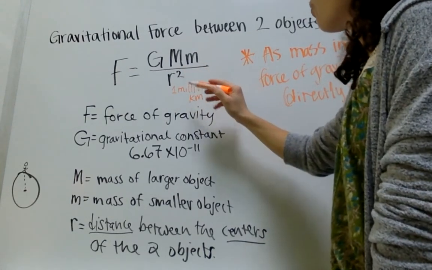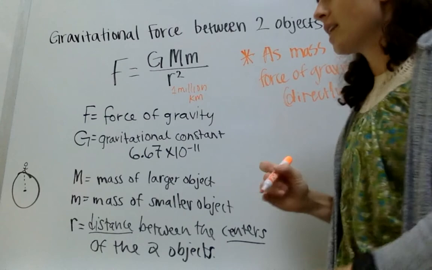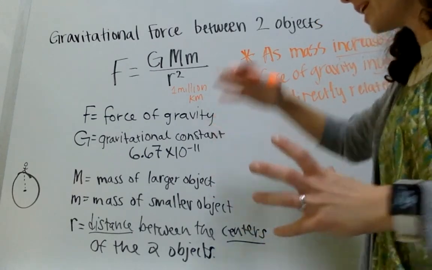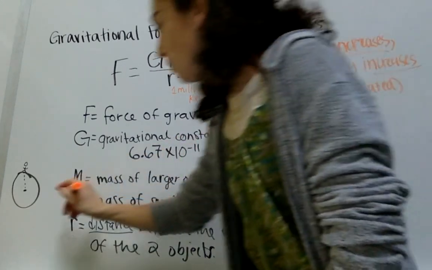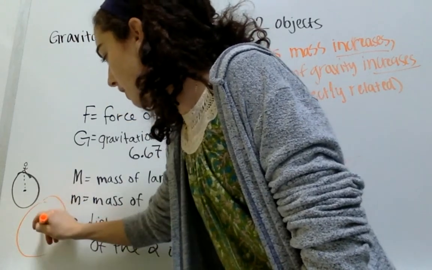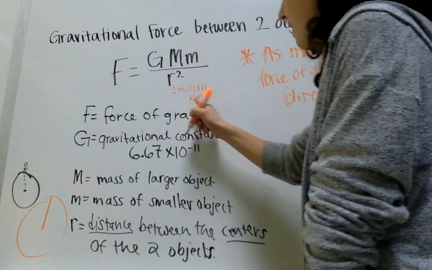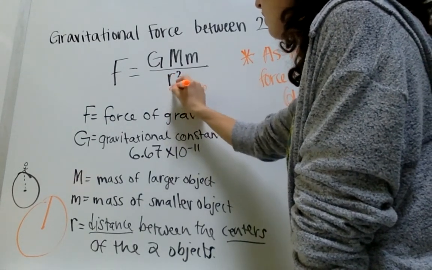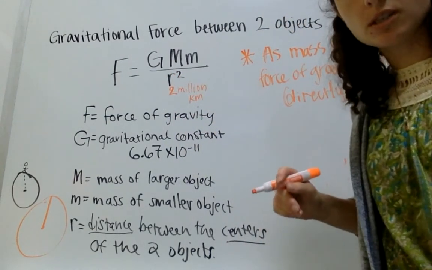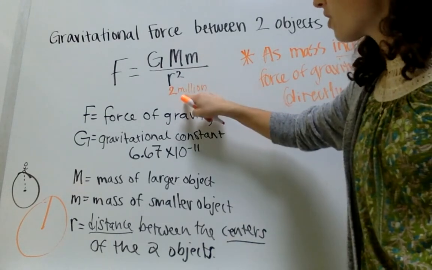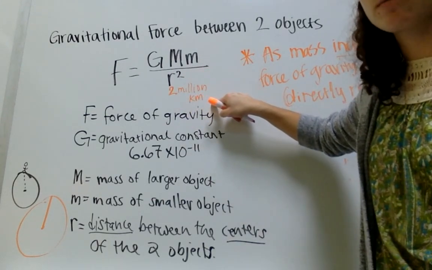Okay, so what if we move you to a different planet that you are farther from the center? So the planet is bigger. Okay, so it would be a bigger planet. Okay, and you'd be farther from the center there. And that one is going to be 2 million kilometers from the center. Okay, so you've got a bigger number in the bottom of a fraction.